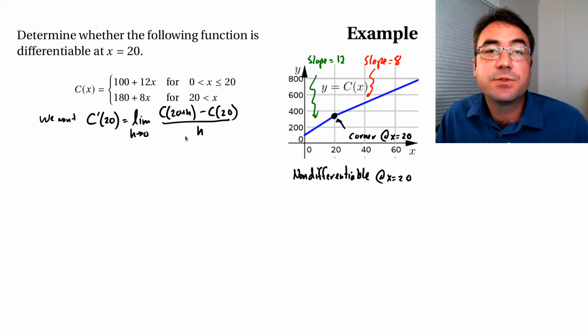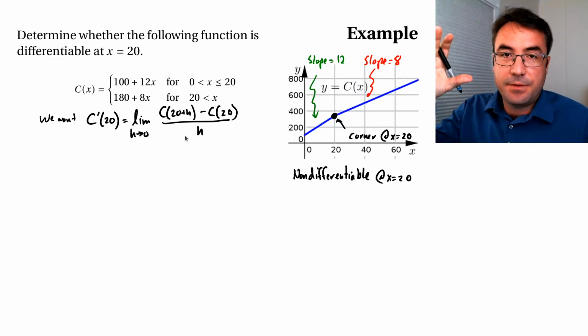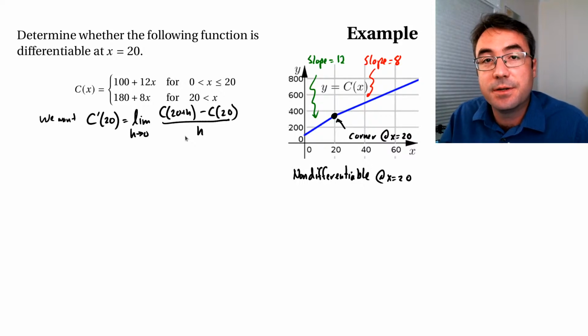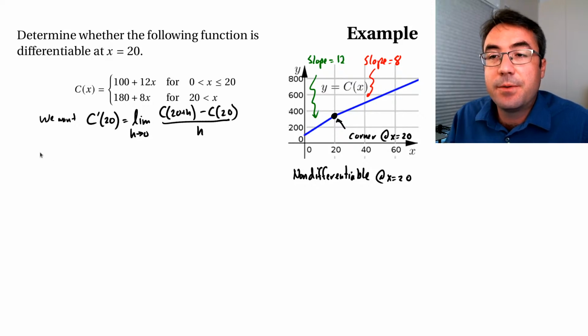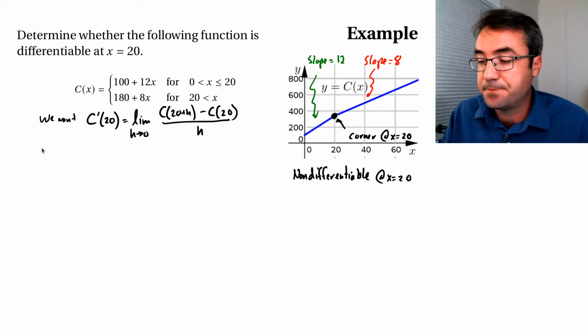Let's see what happens. We've already built up that there's a right piece and a left piece of our function around x equals 20, so to do this limit, we're going to have to consider both the left and the right limits.